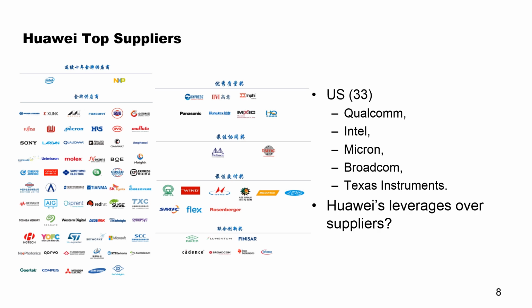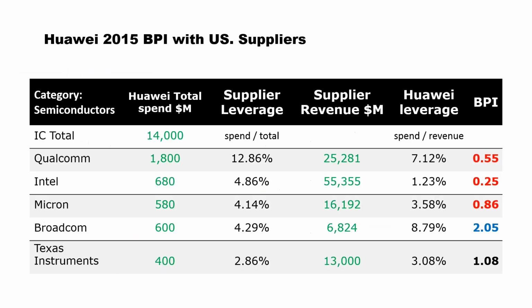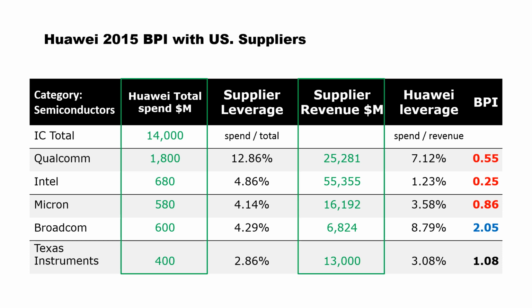We shall use Huawei's data to calculate Huawei's leverages and US suppliers' leverages. 2015 data shows that Huawei's total spend on microchips or semiconductors is $14 billion, among which $1.8 billion on Qualcomm, $680 million on Intel, $580 million on Micron, $600 million on Broadcom, and $400 million on Texas Instruments. The 2015 revenue of these suppliers are also listed here.